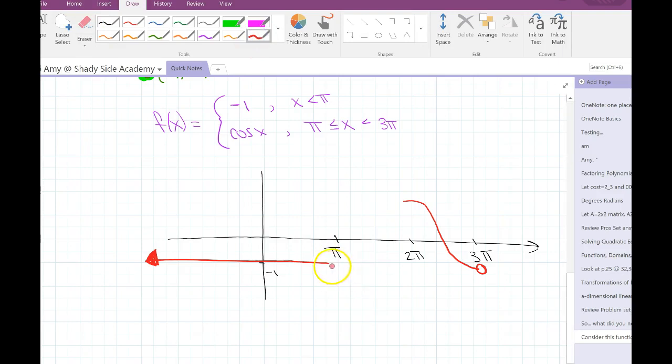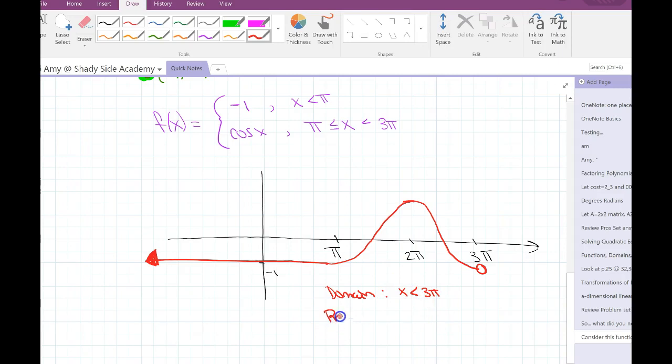It would just be a point. And then notice also that at 3 pi, x is not inclusive. If I were to ask you for the domain here, boys and girls, the domain would be values of x less than 3 pi.